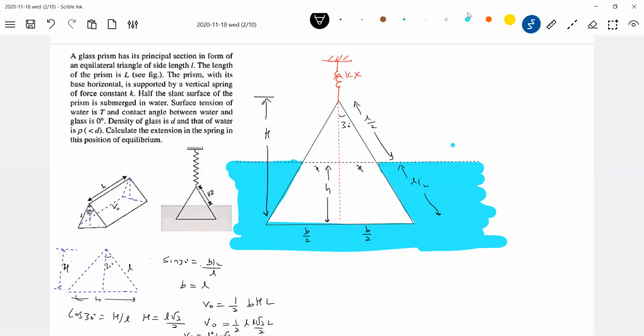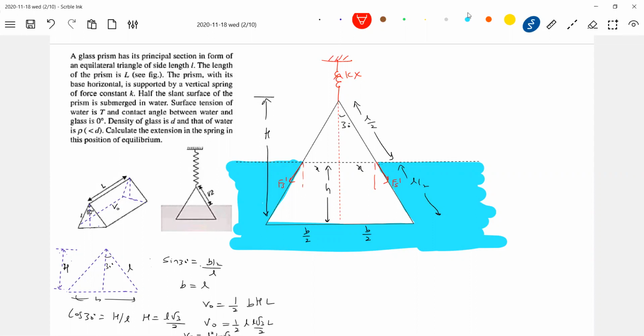The contact angle between water and the glass is zero. The force due to surface tension will act at these points. Only at two points or everywhere? Everywhere on this prism. So it is immersed. I think it will be very challenging for you to imagine the diagram.